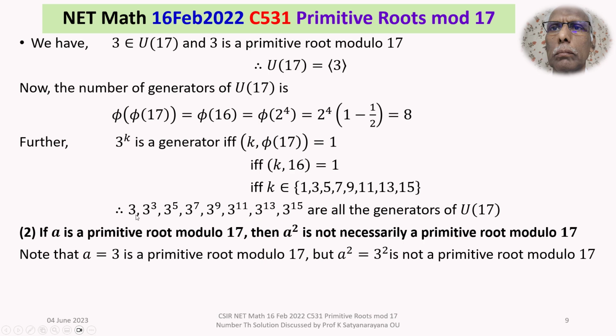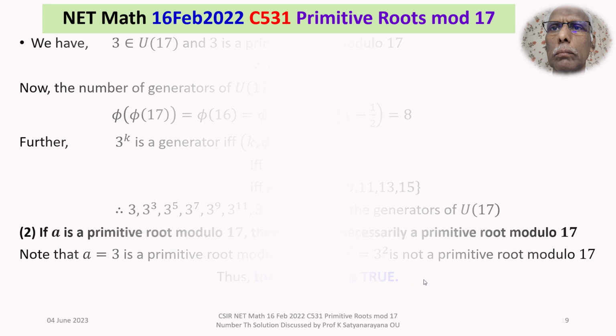Therefore, a square equal to 3 square is not a primitive root modulo 17. These generators are the primitive roots modulo 17. Agreed. That means 3 square is not a primitive root. Therefore, the statement given in option 2 is not necessarily true. Yes, it is not necessarily true. Thus, option 2 is true.